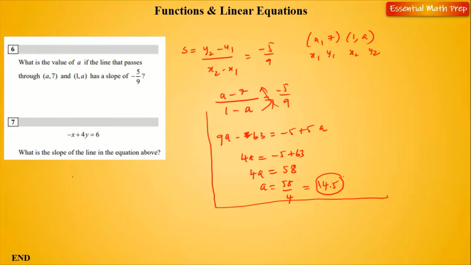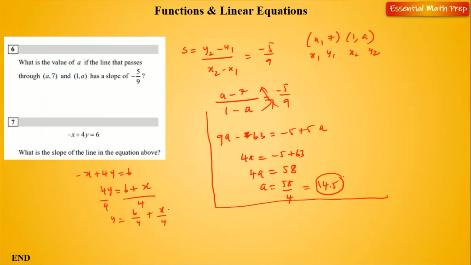So we have negative x plus 4y equals 6. What is the slope of the line? Which means first you have to bring x to the other side. So if you add x on both sides, it becomes 4y equals 6 plus x. Now if you divide by 4 on both sides, then y equals 6 over 4 plus x over 4.